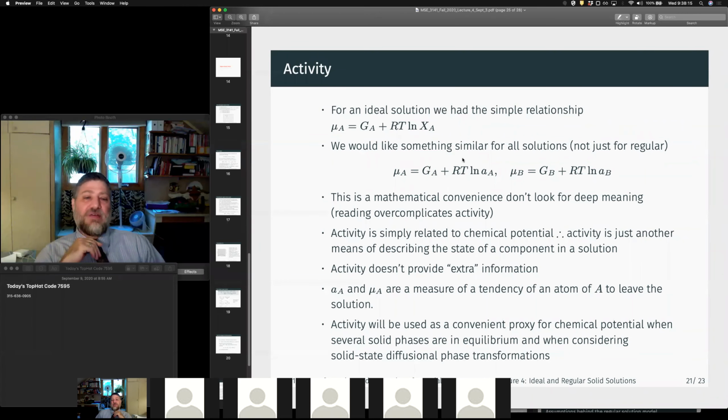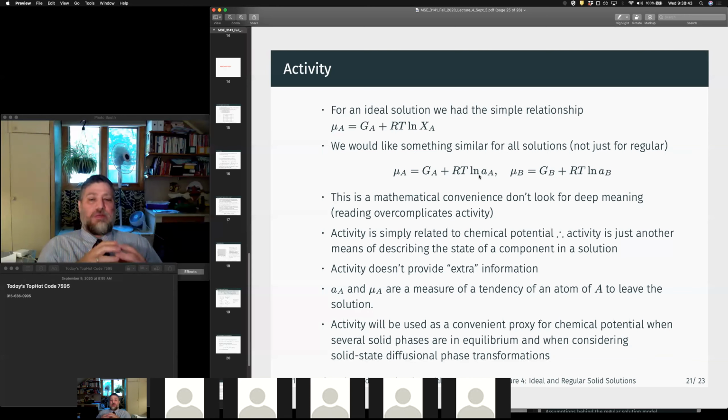So we can define something called an activity, where the chemical potential is equal to the Gibbs free energy of pure A plus RT natural log of the activity of A. So we're replacing this mole fraction with this modified term, activity.